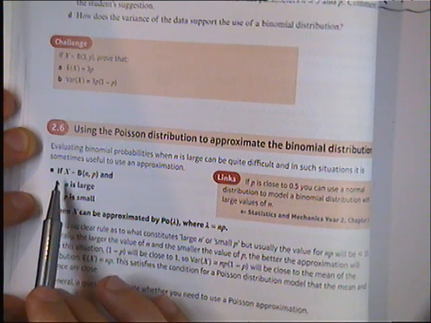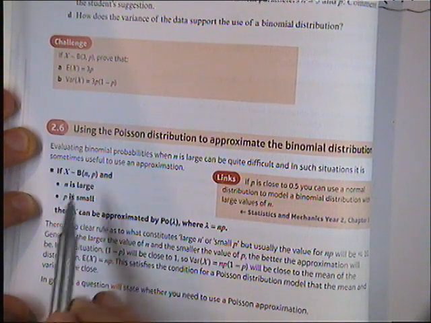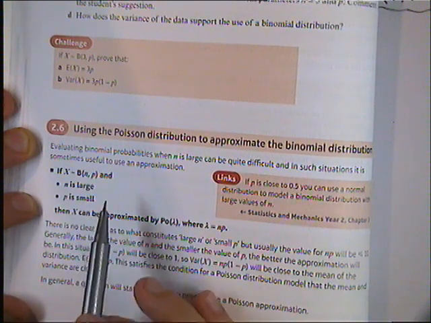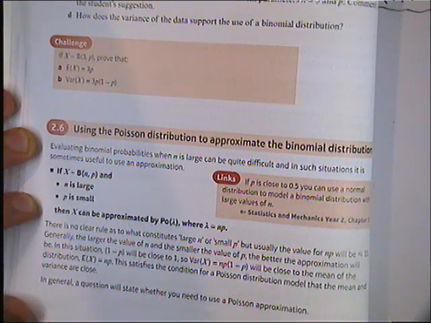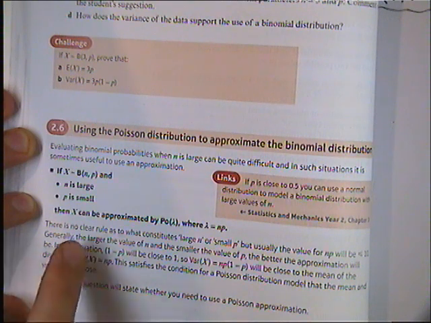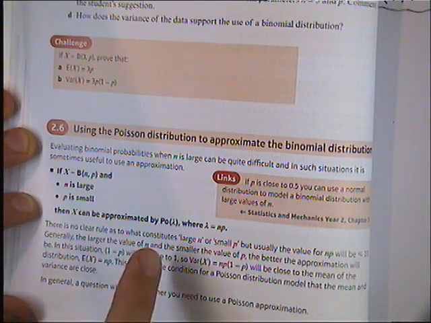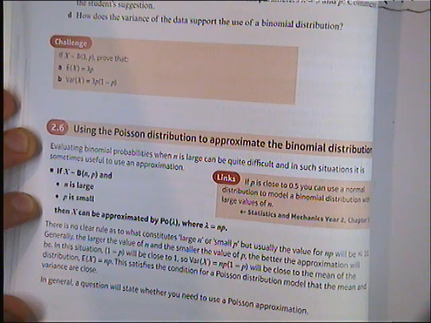Let's assume X follows the binomial distribution with number of trials n and probability of success p, and n is large and p is small. Then X can be approximated by a Poisson distribution with a rate of lambda, where lambda is equal to n times p.